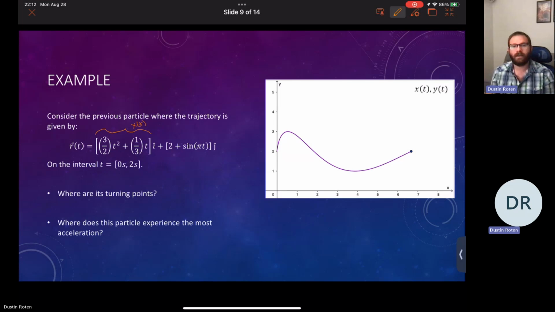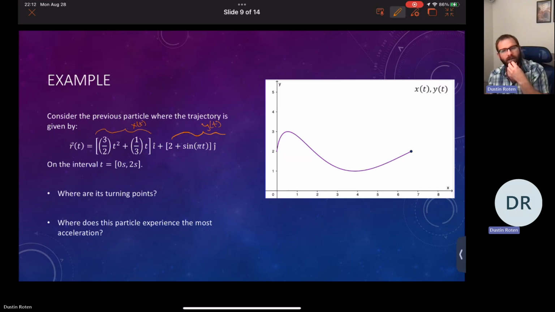This is just telling me how fast or slow at any given time my x slider for my x coordinate is moving horizontally. Same thing here. This is telling me where I need to slide my slider up or down to make that y component of my coordinate. Okay, and again, this is only over an interval of 2 seconds.